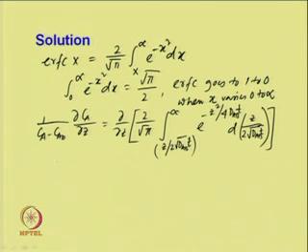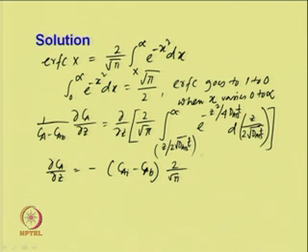So, therefore, we will get del C_A del Z will be equal to minus (C_AI minus C_AB) 2 by root pi 1 by root over D_AB t into e to the power minus z square by 4 D_AB t.